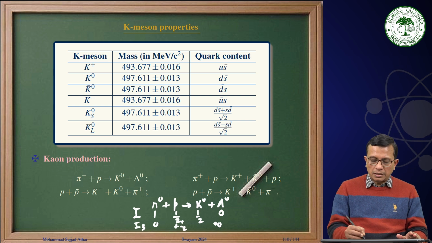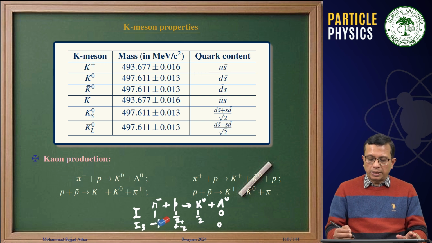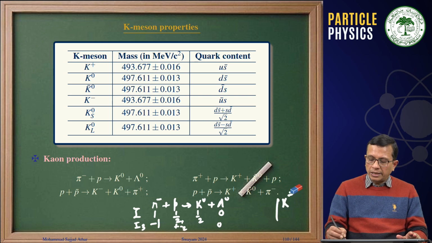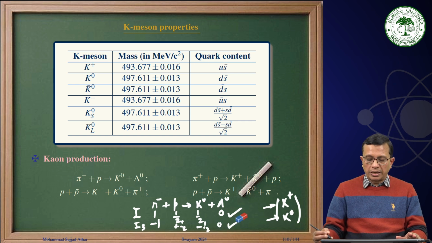And so this is pi minus, which has I3 of minus 1. Therefore, this K0, which is a member of the K plus, K0 doublet, has I3 plus half for this and minus half for this. Therefore, this is minus half.